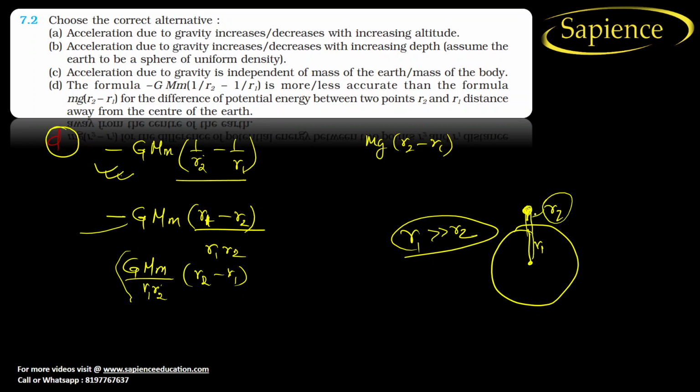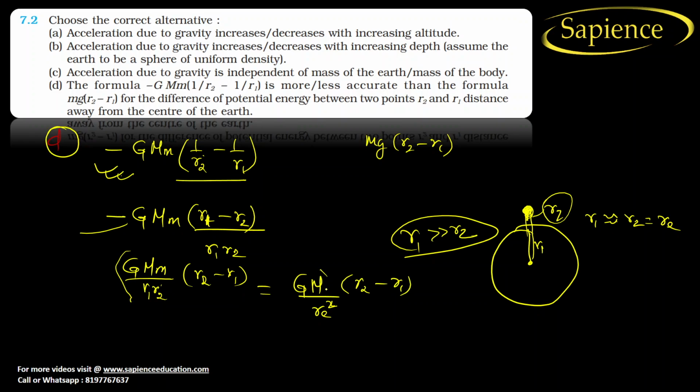If this is at nearby earth surface, then r1 is approximately equal to r2, so we can put r1 equal to r2. Finally we will get this formula as G capital M by the radius of the earth whole square, because we have considered this approximately equal to the radius of the earth only, into r2 minus r1.